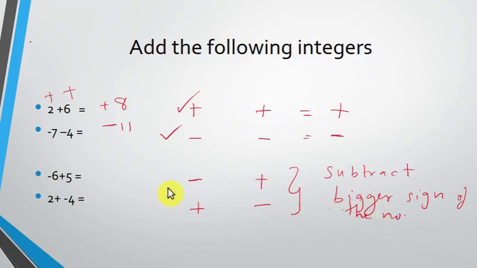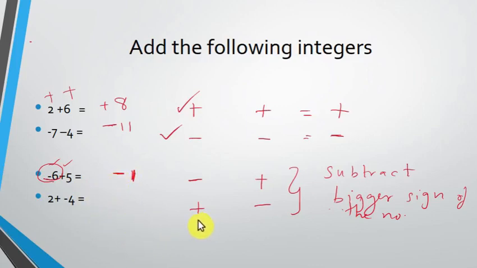For example, -6, I told you a negative integer and a positive integer. If it comes here, we have to subtract from bigger number to smaller number. 6 minus 5, 1. So we want to put the bigger number sign. So what is the bigger number? -6 is the bigger number.